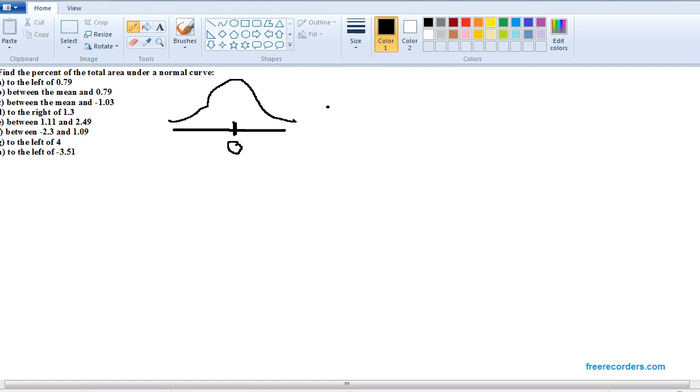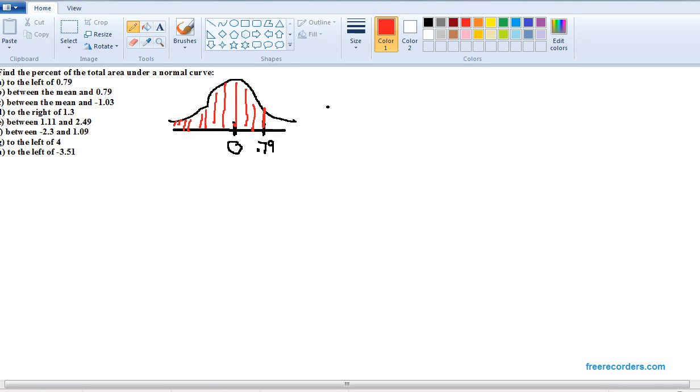The z value we're given is 0.79, which is positive, and positive numbers always go to the right of the mean. So we're being asked to find the total area to the left of 0.79, and that is going to be this value right here.